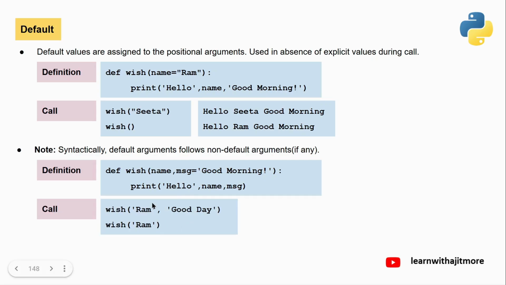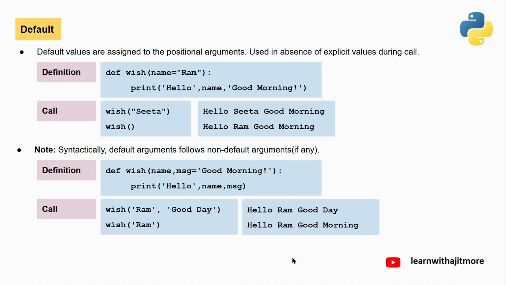Now in the first case, I'm passing both values explicitly: name will go to Ram and message will get good day. So hello, Ram, good day. But in the second case, you have given Ram, but the second is not given. So it will take the default. Ram will come in name and message will be taken as default.